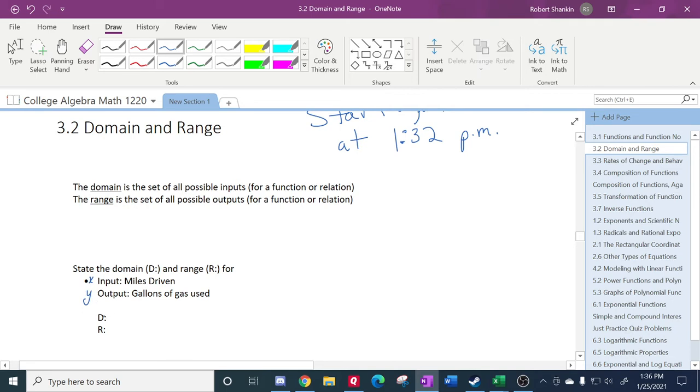X and Y. So the domain is a statement about what kind of numbers X can be. And it turns out, we could say X is greater than 0.